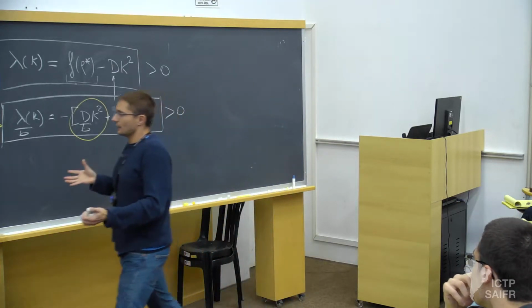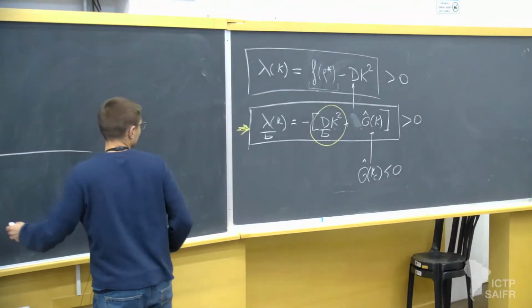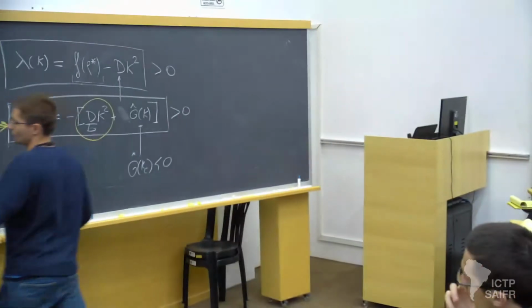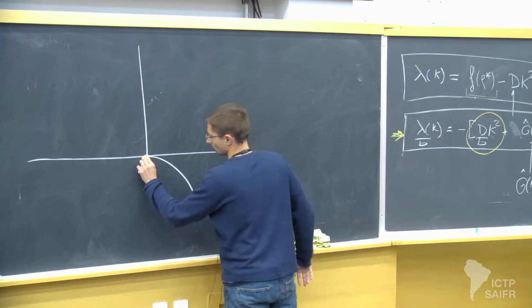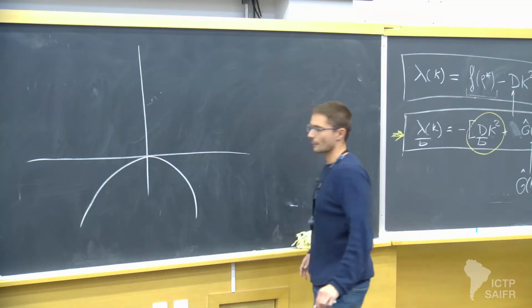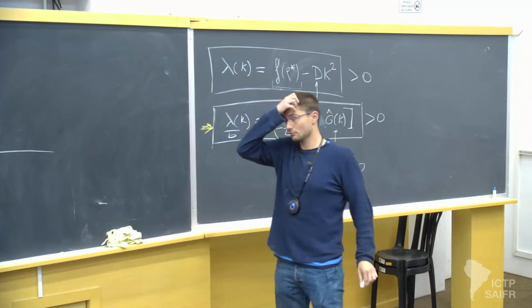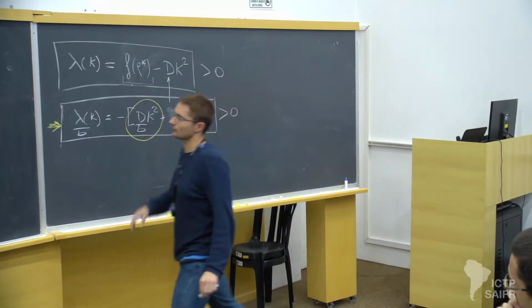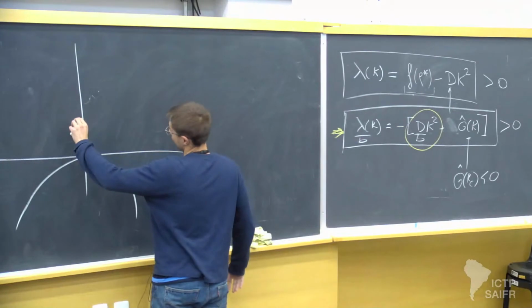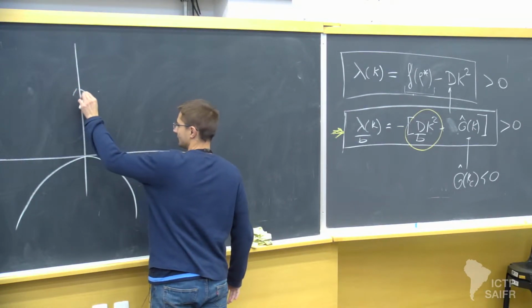So in principle, I can write something like this, which will be kind of this, no? And I have my kernel. This is going to be a challenge.